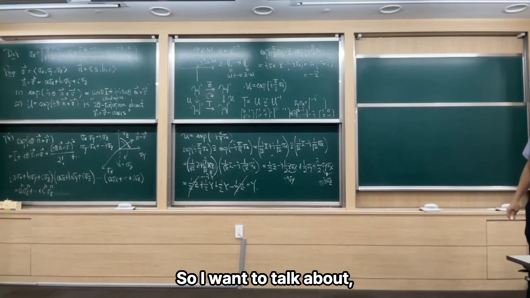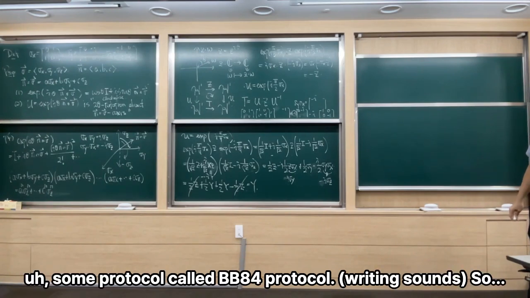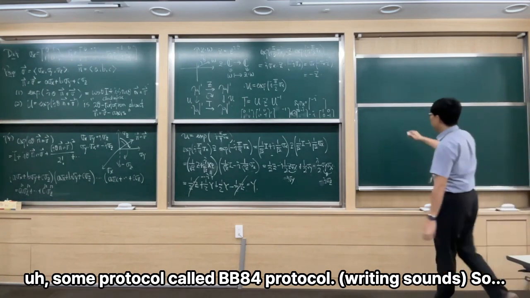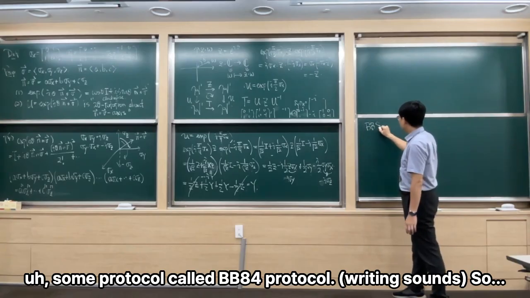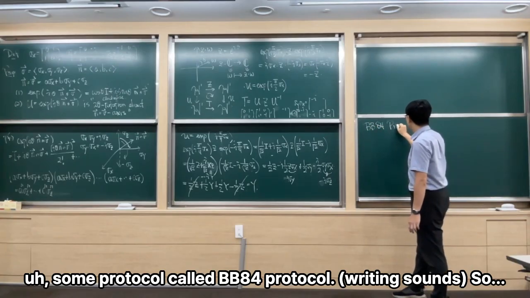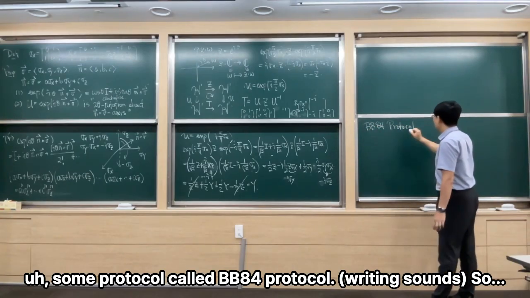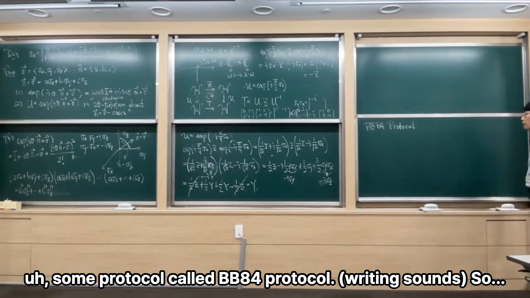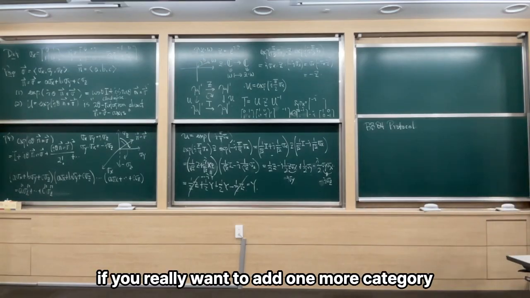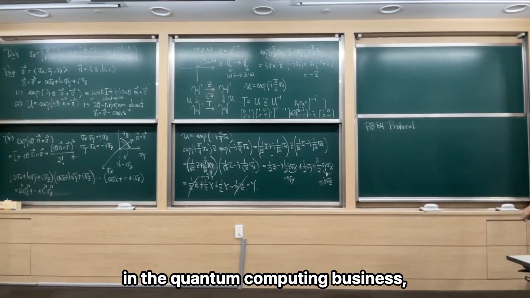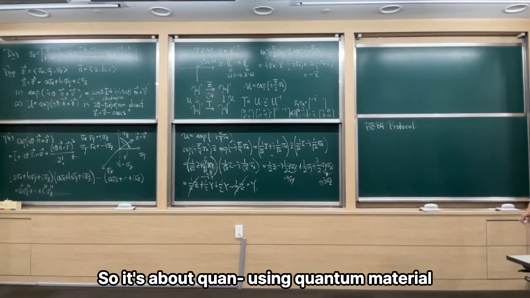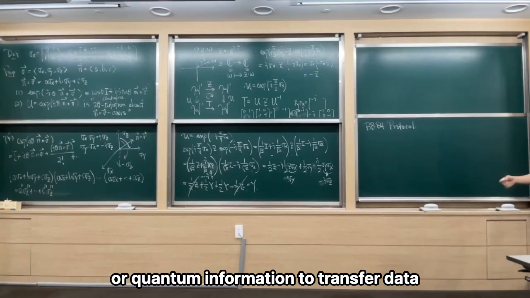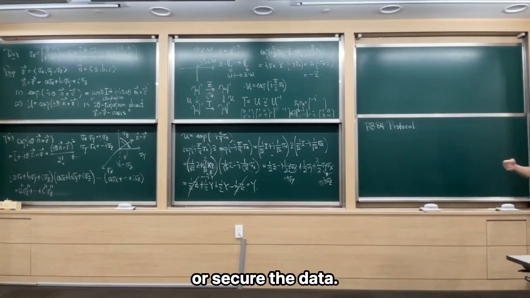So I want to talk about some protocol called the BB84 protocol. If you really want to add one more category in the quantum computing business, there is one thing called quantum communications. It's about using quantum material or quantum information to transfer data or secure the data.